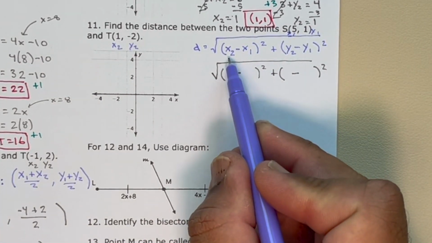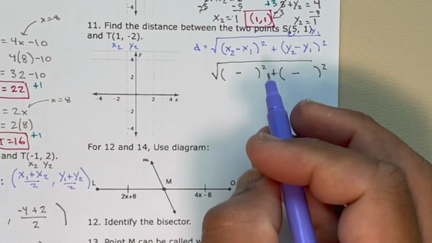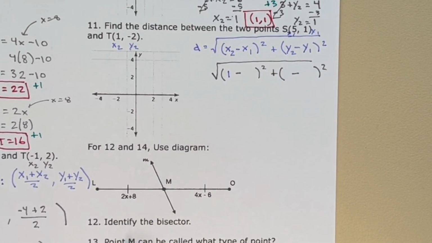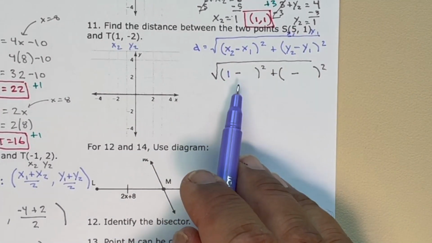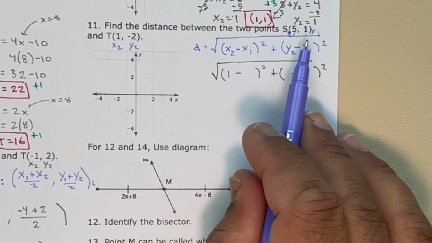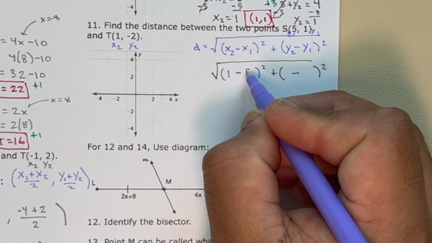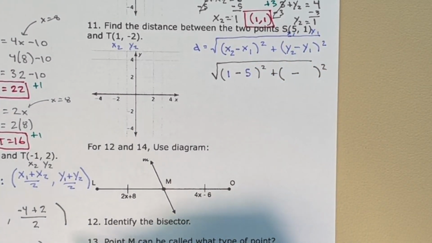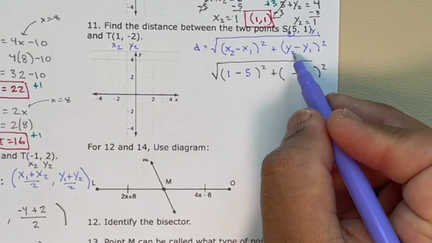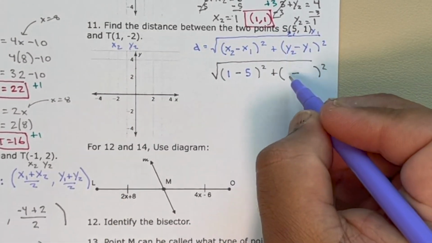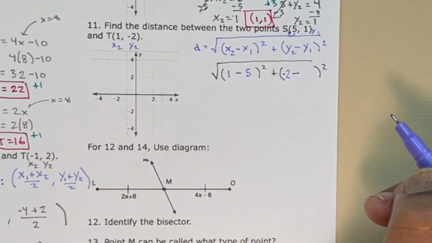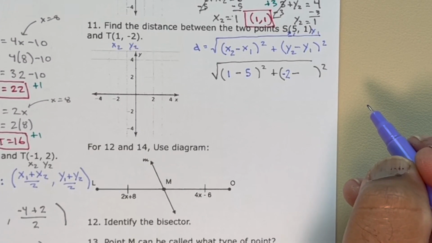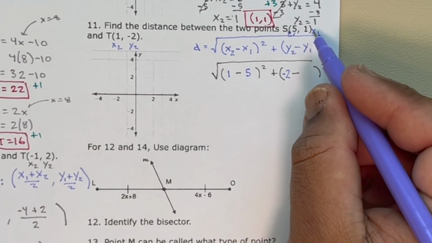So I got x2. x2 is 1. I already had the minus there. x1 over here is 5. Okay. y2 is negative 2. And y1 is 1.